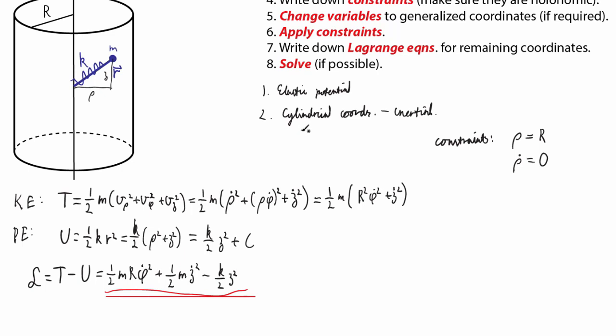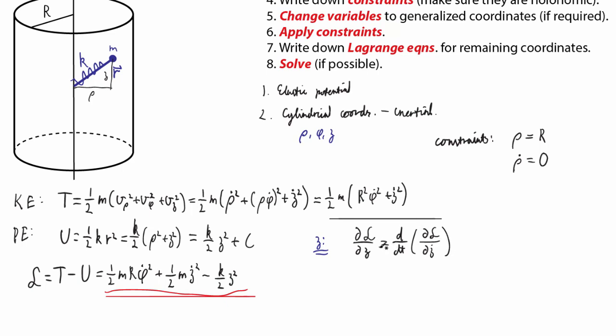Well, we started out with rho, phi, and z, but rho is no longer a coordinate because of the constraint, so we're just left with phi and z. So let's work first with z. Okay, so we have the Lagrange equation in the z direction. That becomes partial L partial z equals d/dt acting on partial L partial z dot.